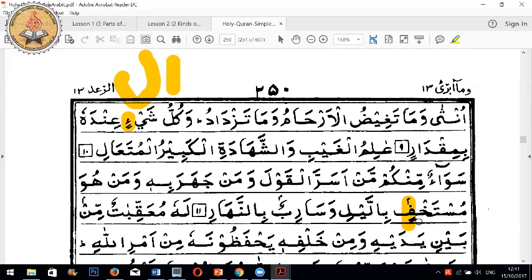If there is a tanween of kasratain, two strokes below, one stroke will go, one stroke will remain. So al-mustakhfi. If I say saribun, in this case there are two dhammas, one dhamma will remain here and the other will go. It will be as-saribu.